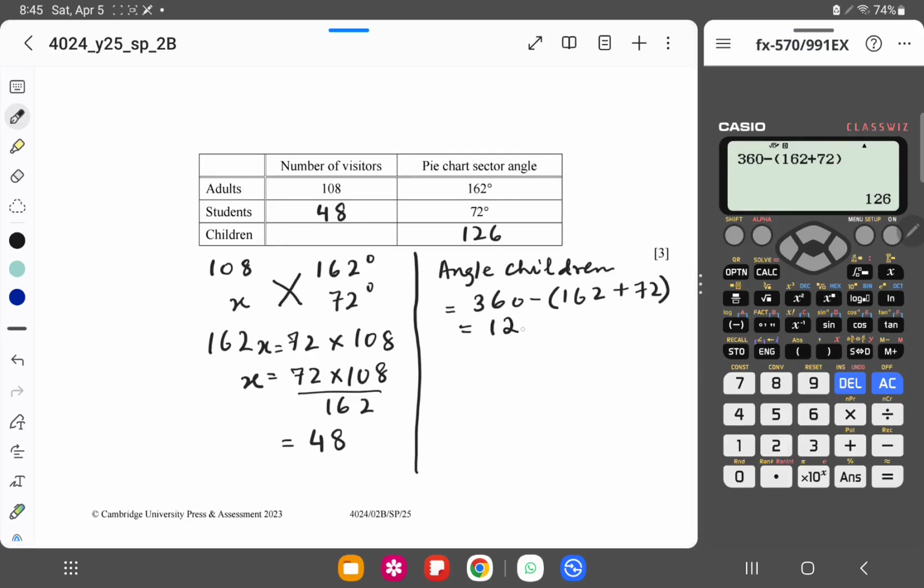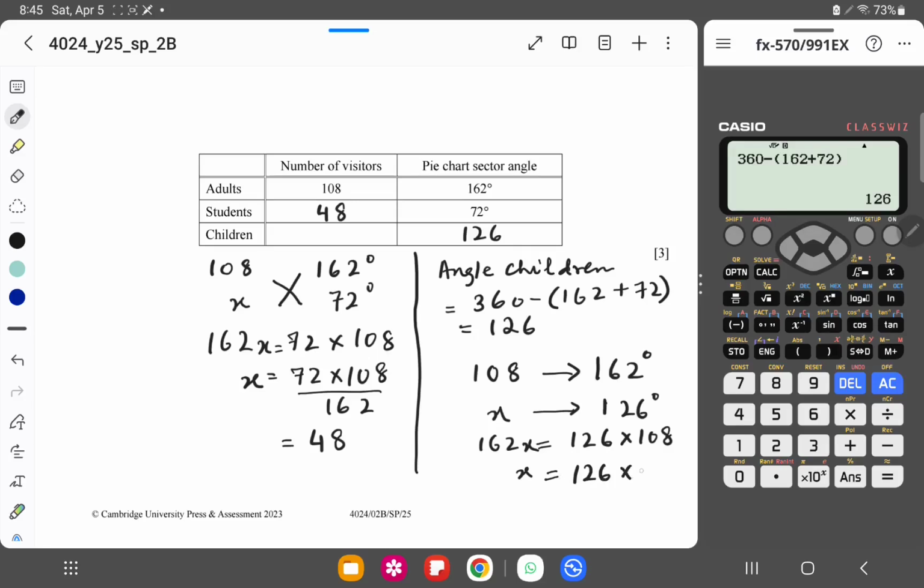Now you can easily find out the number of children. Again you take the same thing: 162 degrees is showing for 108 adults, so 126 degrees is for x children. Cross multiply: 162x equals 126 times 108. Then the number of children will be 126 times 108 divided by 162.